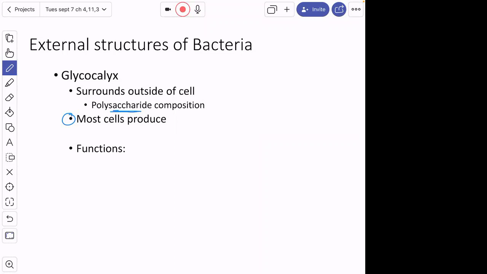Now there are a few exceptions there. Some cells, it's more protein based, but that's the exception. Most often they're polysaccharides.